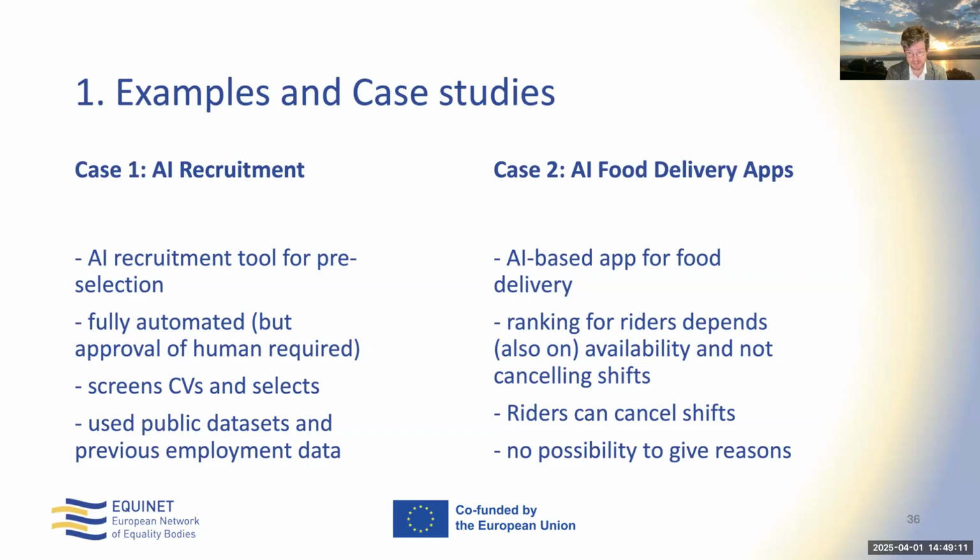Riders can cancel shifts, but there is no possibility to give a reason. For example, if they have to go to a gym class, or take care of their children, or take care of an elderly person, or attend a trade union meeting, they cannot specify that. So these are the 2 cases.